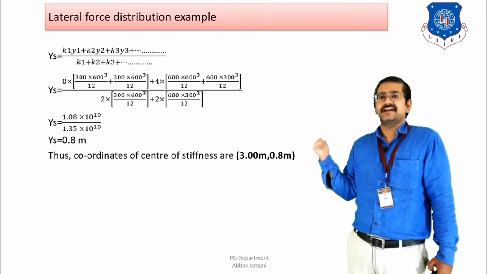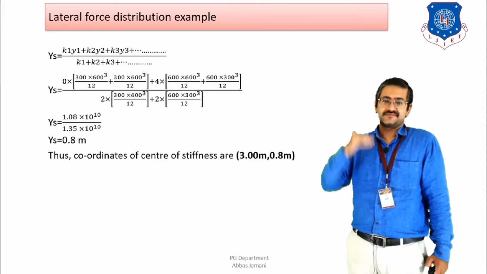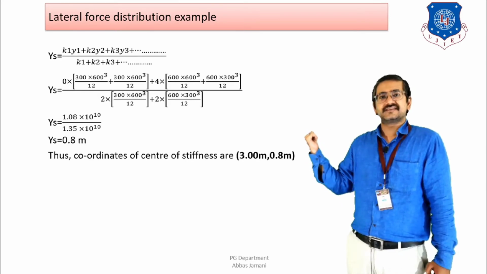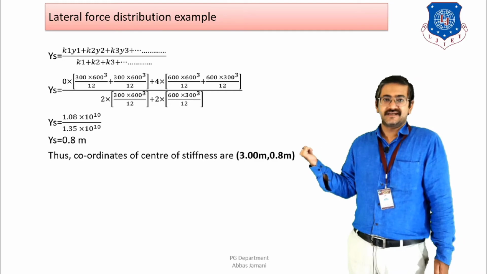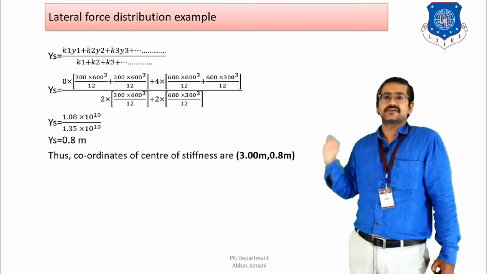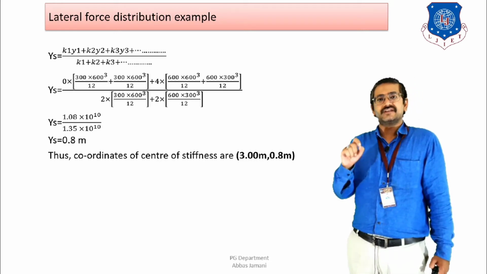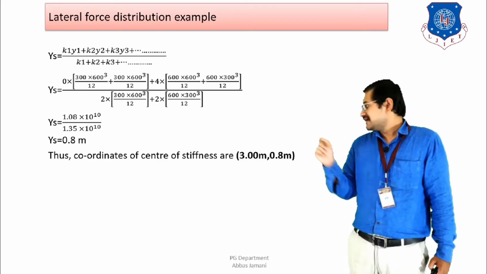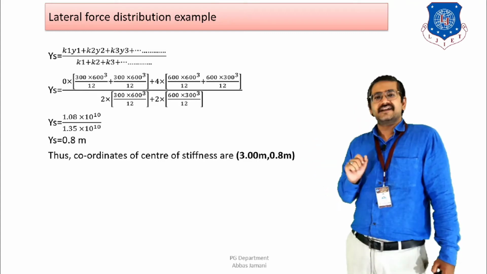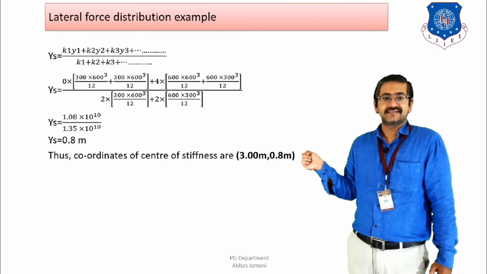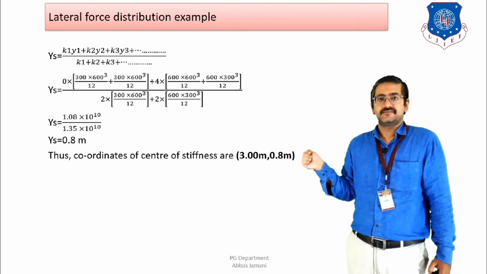Then in the second part, the grid is located at 4 meters from the origin, so it is multiplied by 4. 4 into, again the same thing, 600 into 300 cube divided by 12, and divided by the total stiffness of all the 4 columns, that is 2 into 300 into 600 cube divided by 12 plus 2 into 600 into 300 cube by 12. When you do this calculation, the value of ys available to you is 0.8.